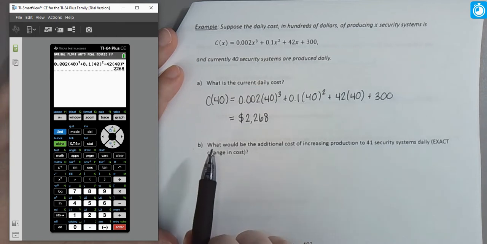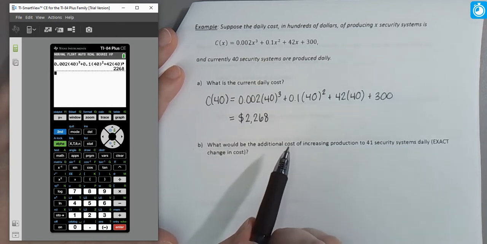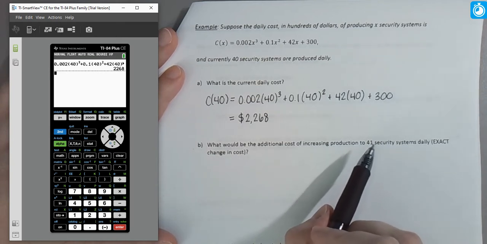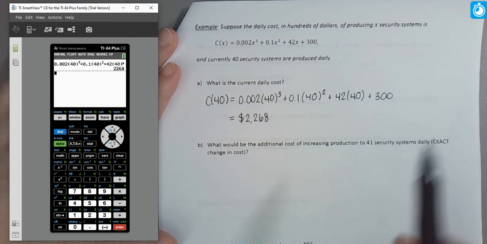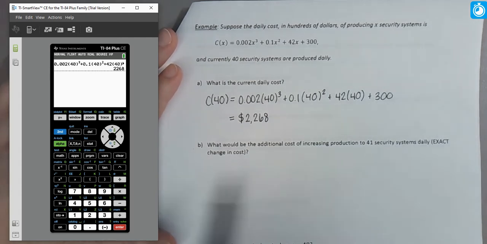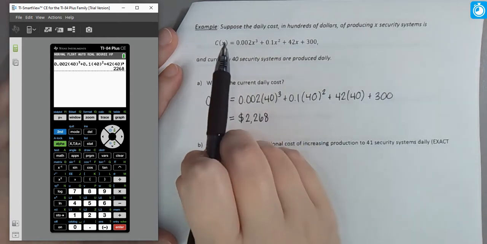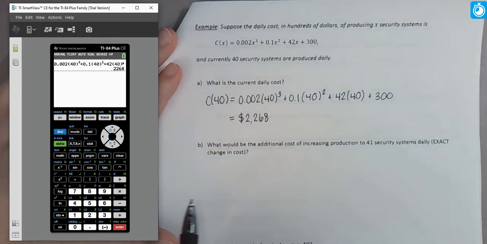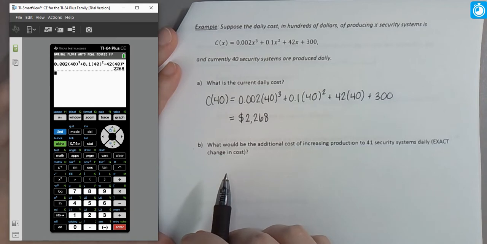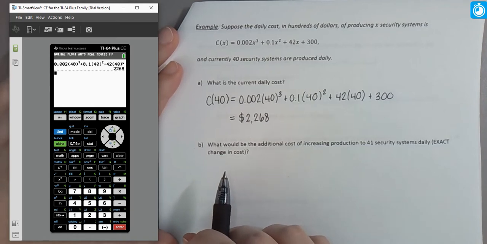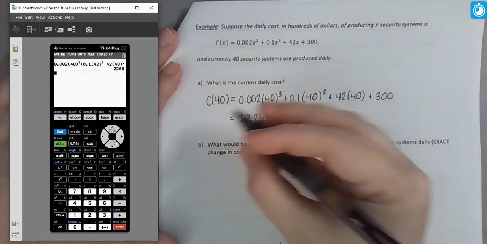Okay, the next question, what would be the additional cost of increasing production to 41 systems? And we want here the exact change in cost. So if we want the exact change, we need to know what's the total currently, what would the total be for 41, and then the difference between the two is going to be how much cost is represented by just that one additional system.